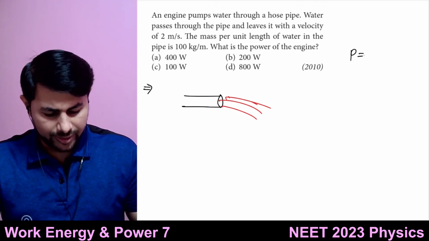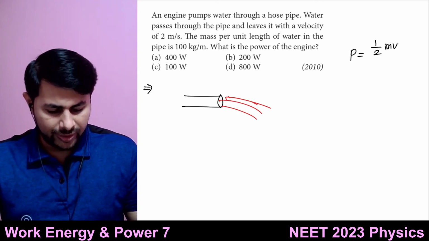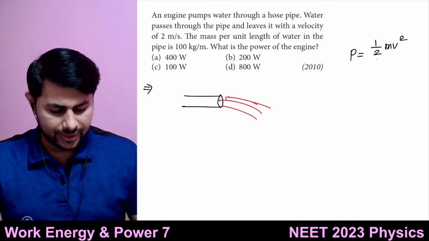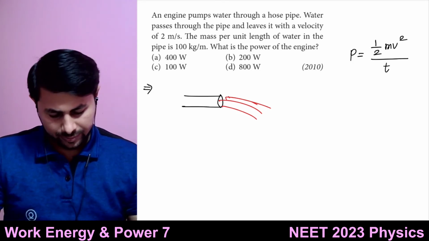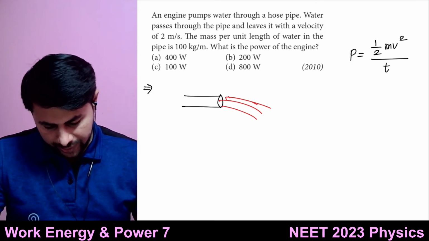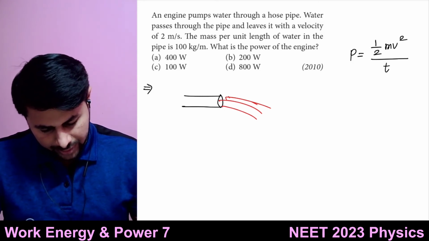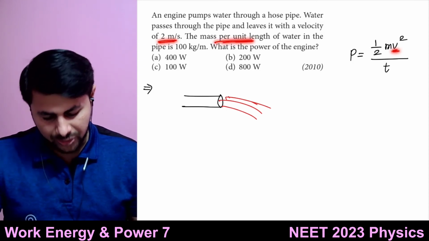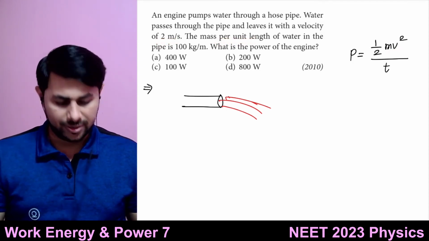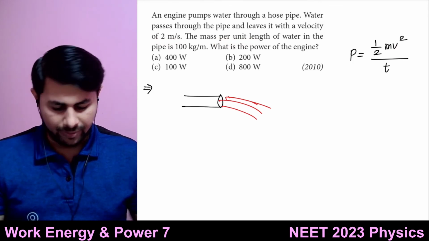So now power can be written as what? Half of mv square, change in kinetic energy with respect to time. Half mv square divided by t. So what are we given? We are given the velocity, so v we know, and mass per unit length we know. Time we don't know.